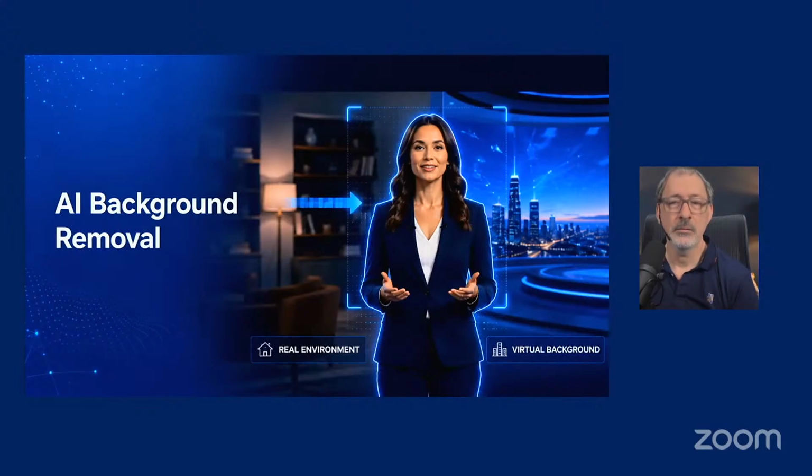And what they do is they start with the scene without anybody there. And they tell the AI, this is what the background looks like. And then they put the presenter back on the screen and they tell the AI that that's the presenter.